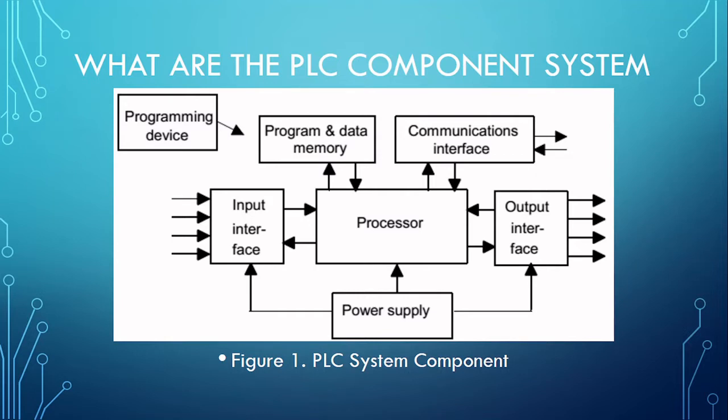For the memory unit, that's the program and data memory unit. The program and data memory unit stores two kinds of information. Number one is the program and also the data. So the program memory holds the instruction from the user, while the data memory holds the signals from the input interface and the signals for the output interface.